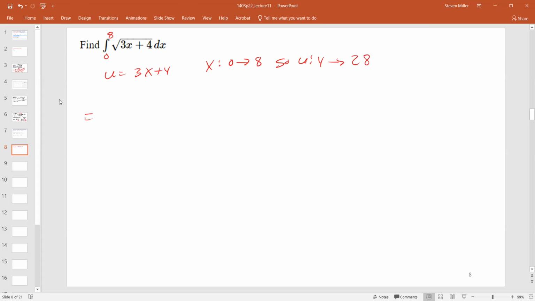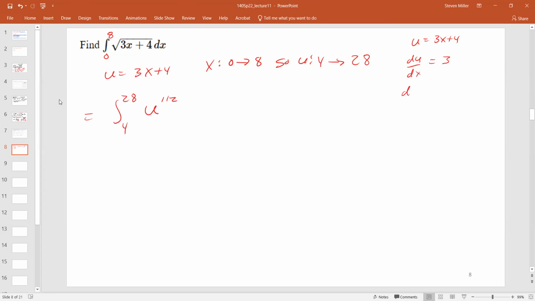And so this would be the integral from 4 to 28 of u to the 1/2. Now I've got to be very careful. What is du? So if u equals 3x plus 4, what's du dx? It's just 3.